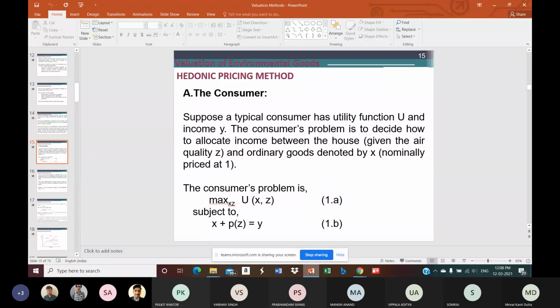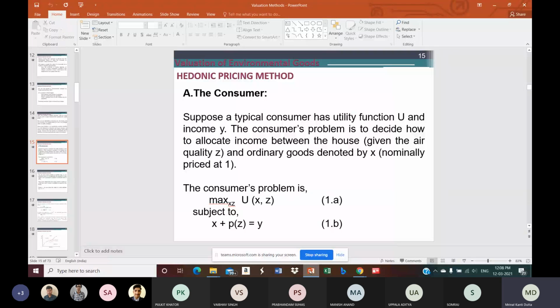Basically, from two sides, there will be approaches. One is the consumer side, and the other one is the producer side. The consumer is the one who will be giving the demand. The producer will be the one who will be actually providing the housing. So that way, there will be an optimization of the consumer in the form of maximization of utility.